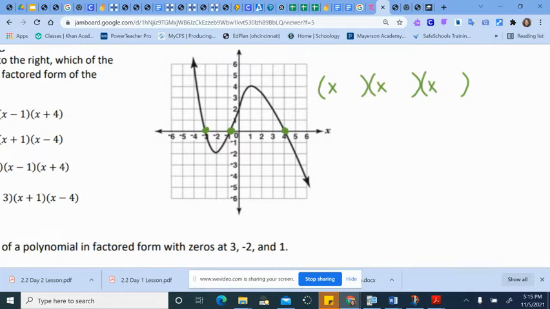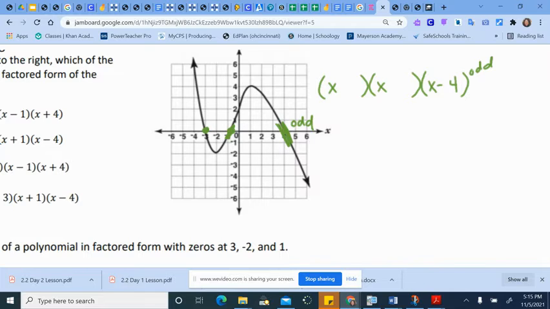If I look at just this 4, x minus 4, and it passes through, it goes all the way through here at 4, so that better have an odd exponent on there.